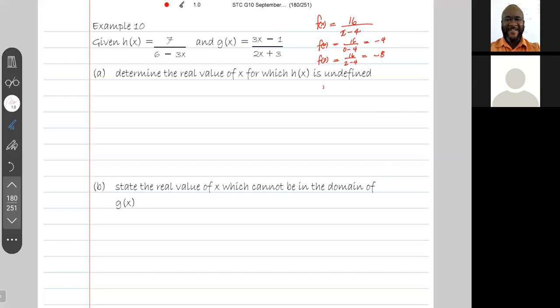Let us say f of 6. f of 6 would be 16 over 6 minus 4, which is 16 over 2, and this would be 8. So far we're getting values.